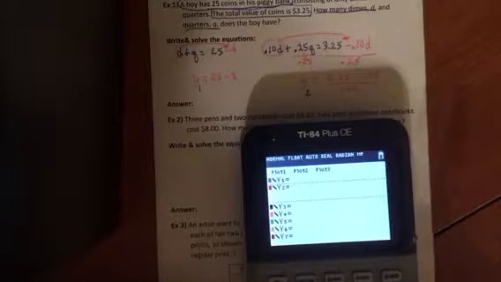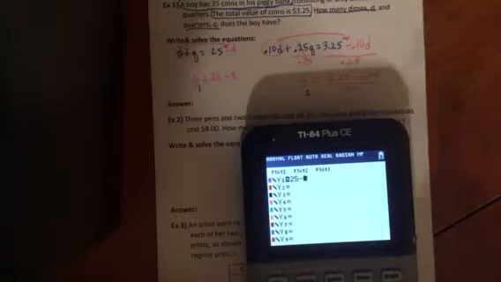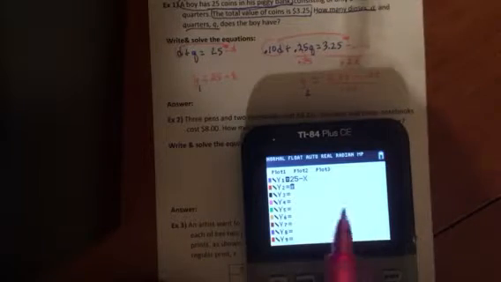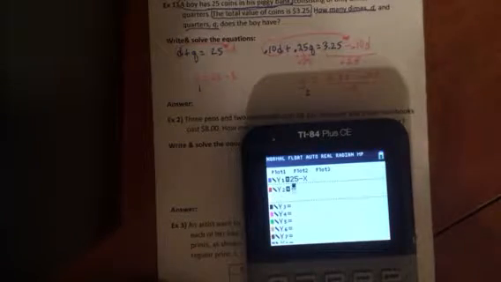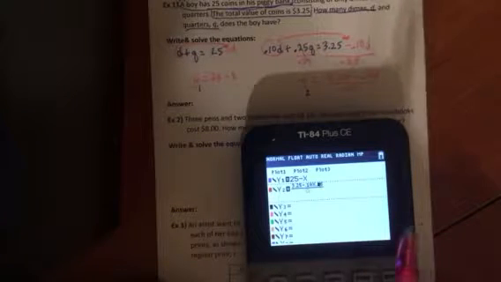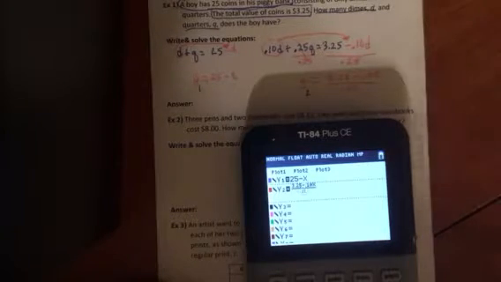So I'm going to put in Y1 this first equation: 25 minus X. And on the second one, again, we could simplify that, but just to keep us from making a mistake, I'm going to leave it as is. And the 0.25 should be at the bottom.